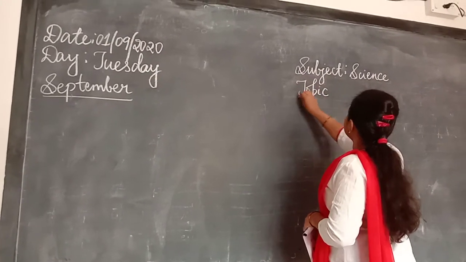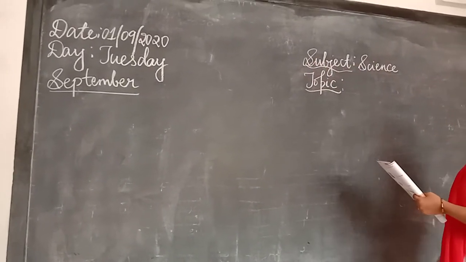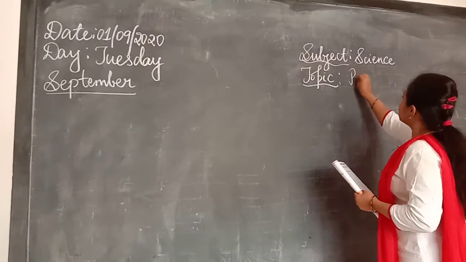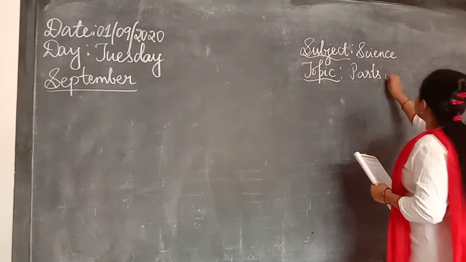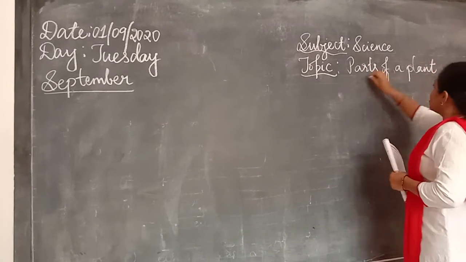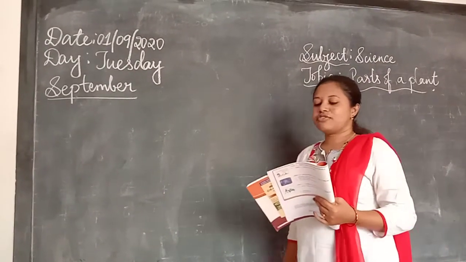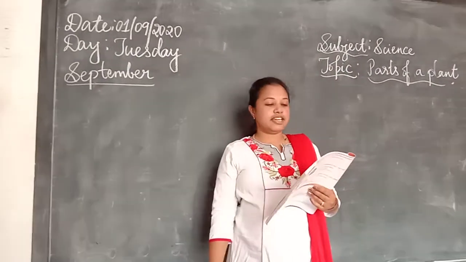So the first chapter you have is parts of a plant. In this chapter we are going to discuss the structure and functions of root, stem and leaf.